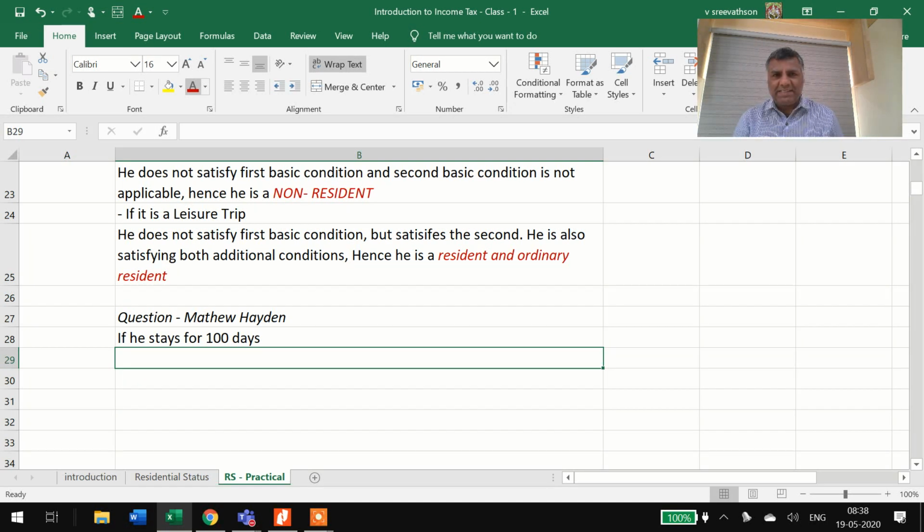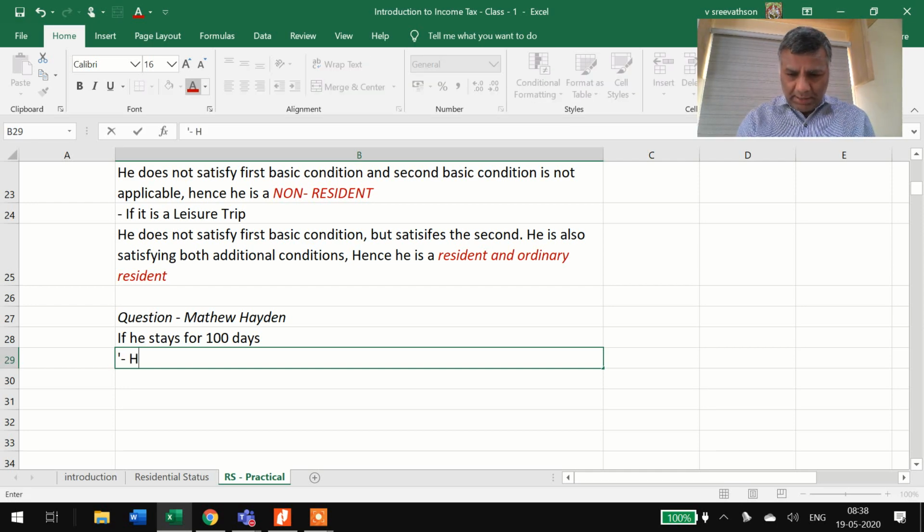So he will satisfy the second basic condition. In both the cases, he will satisfy the second basic condition. But in case 1, he will not satisfy the second additional condition. Okay. So he satisfies second basic condition.